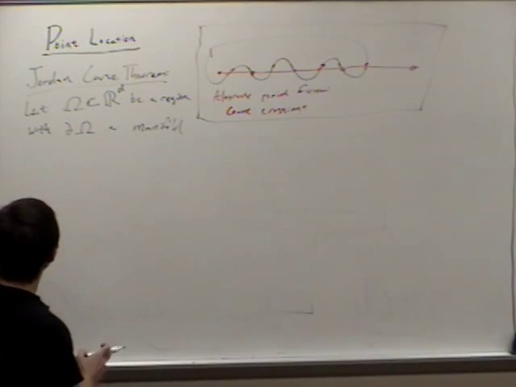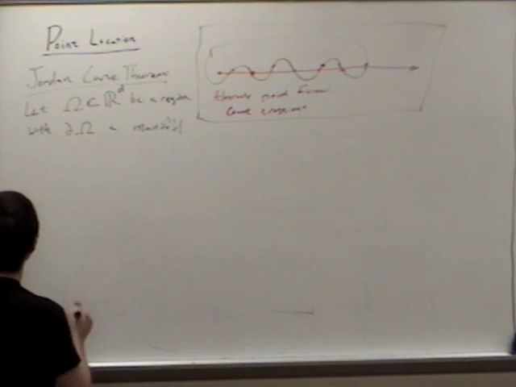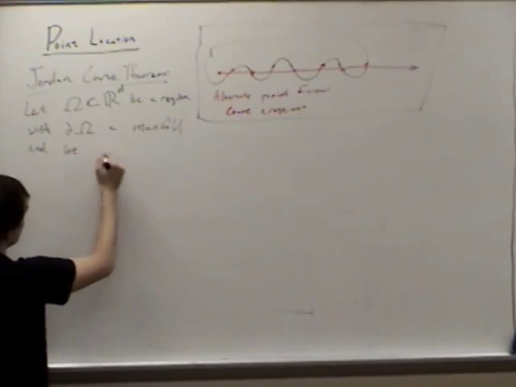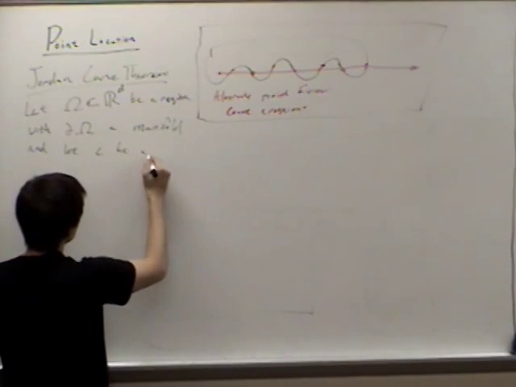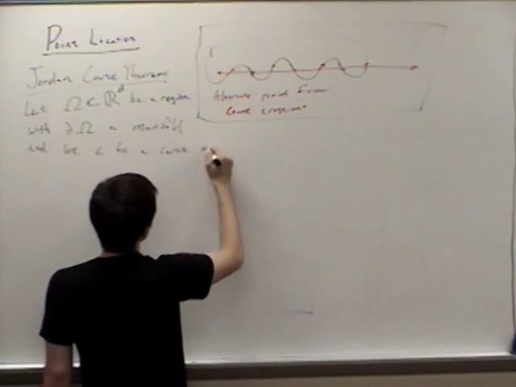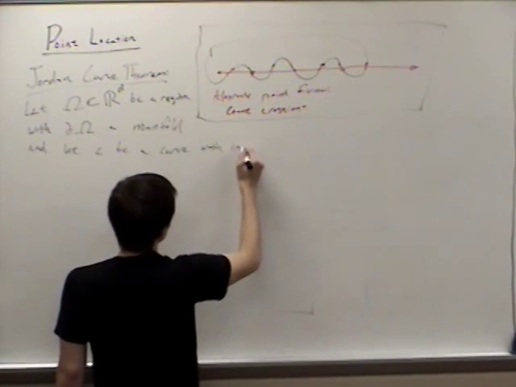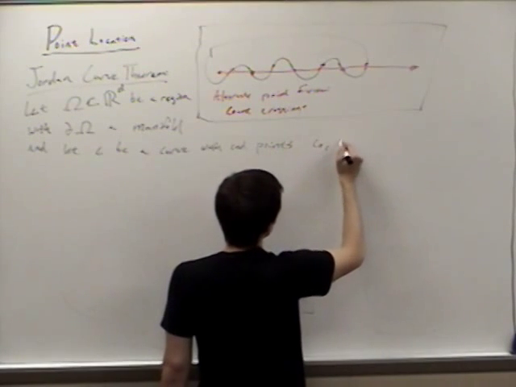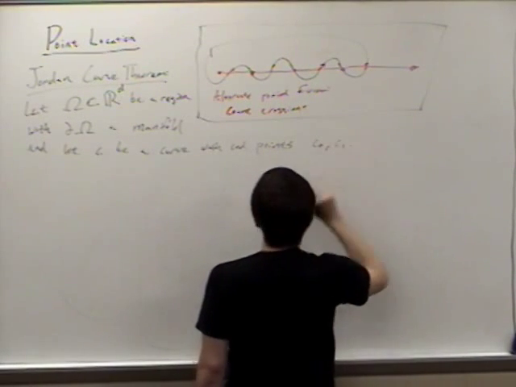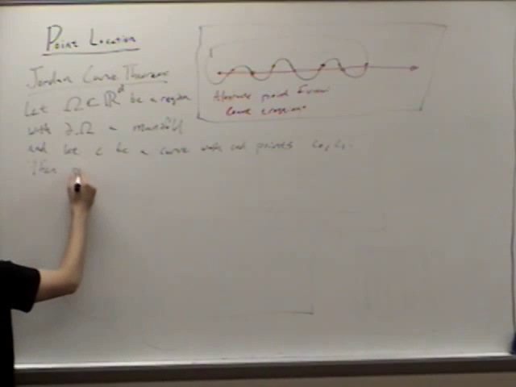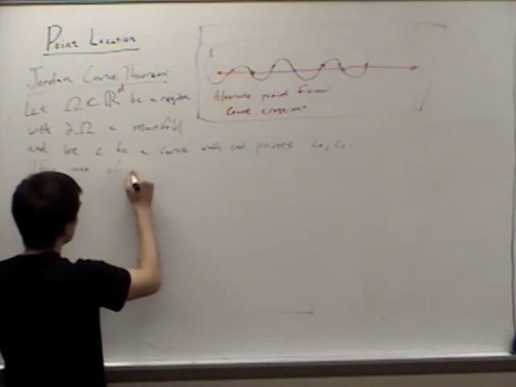OK, so with the boundary of omega a manifold, and let C be a curve with end points C0, C1. Then one of the following is true.